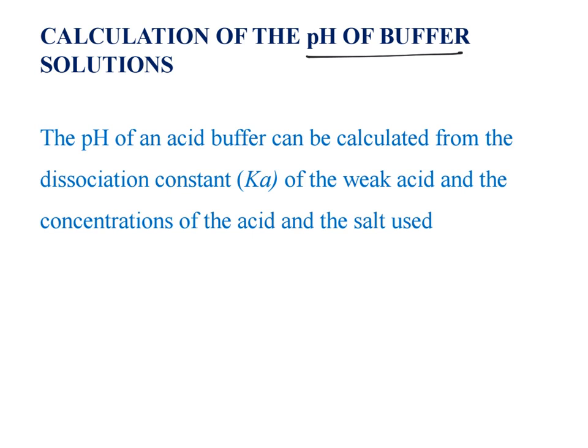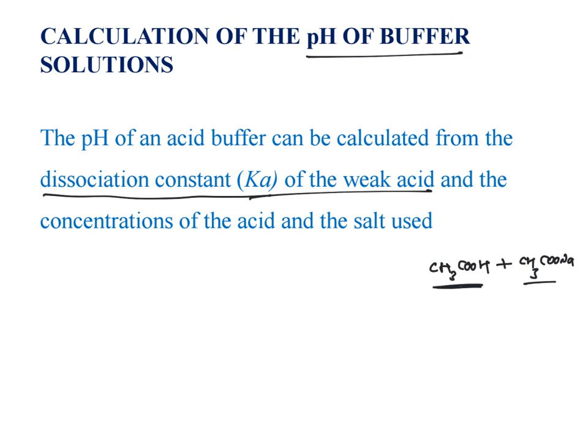For this, we need the dissociation constant of the weak acid, because an acidic buffer is a combination of a weak acid plus a salt of its weak acid. So we need the acid dissociation constant of the weak acid, the concentration of the acid and the concentration of the salt. If we know these, we can calculate the pH of an acidic buffer solution.